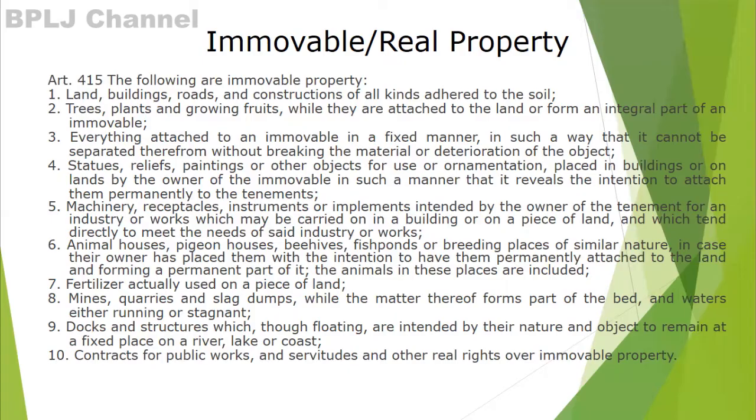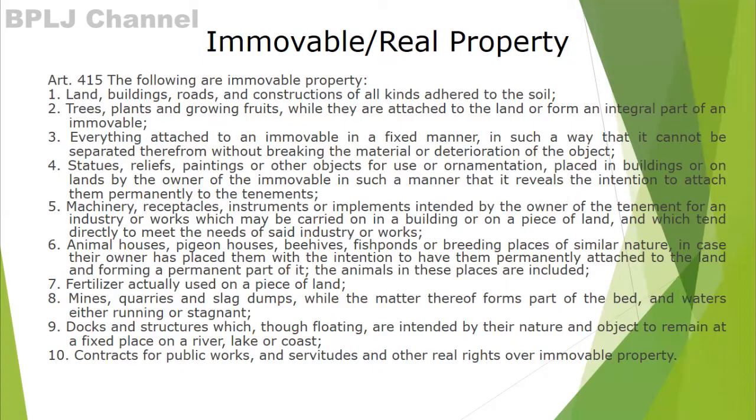This enumeration is very important because when we go to personal properties, we will look again at Article 415 because we have to consult Article 415 in determining whether a certain property is a personal or a movable property. All those which are not included in the definition under Article 415 are considered as movable property.